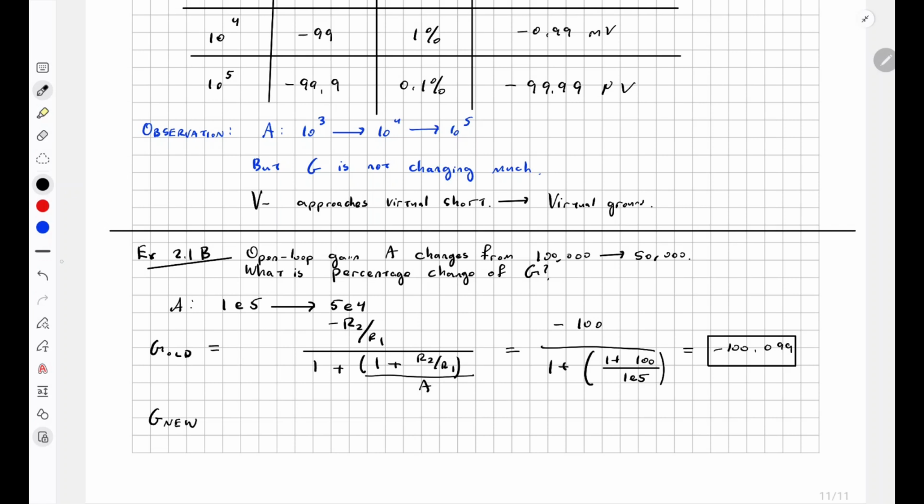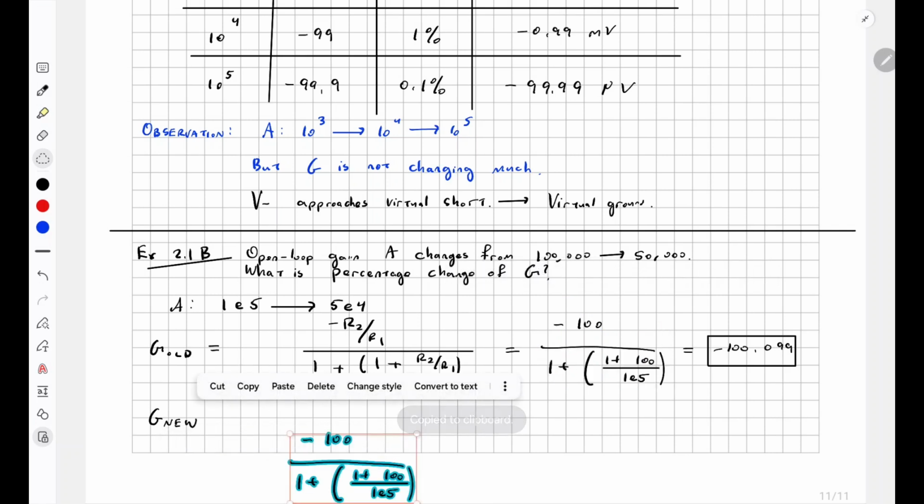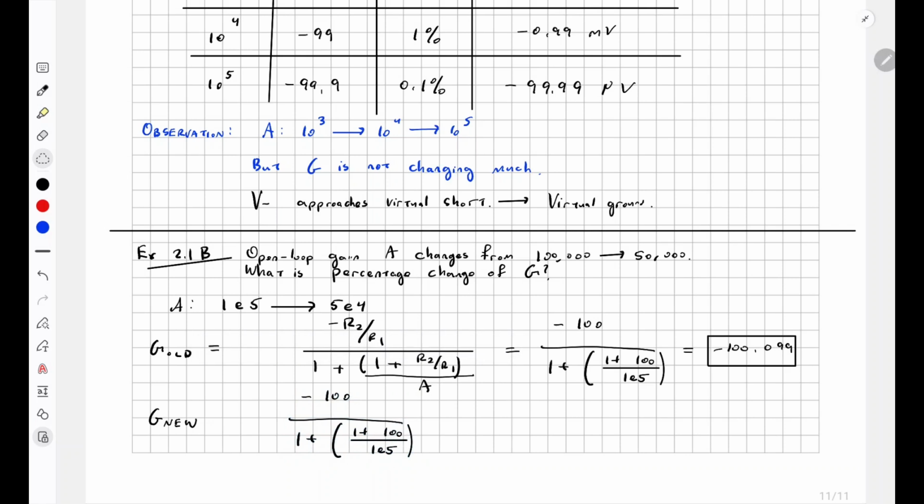Now we're going to plug in a different value for A this time, for the new, which now becomes 5E4, which is 50,000. If I use a calculator, I have written down that it's negative 100.19839.